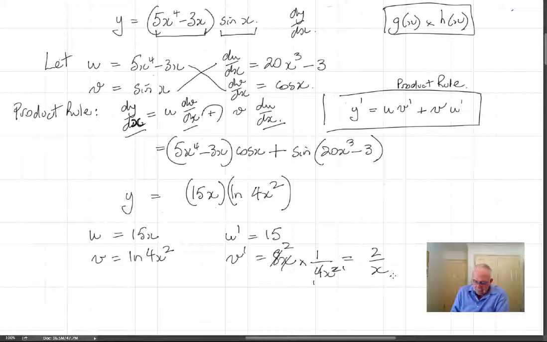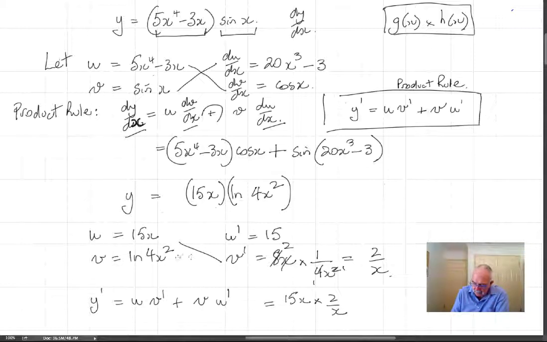So that's v dash. Now we can say that y dash, which is dy dx, is equal to, quote the rule, write it out each time you do one of these, that way you remember it, uv dash plus v u dash, and that's equal to u, which is 15x, times v dash, 2 over x.